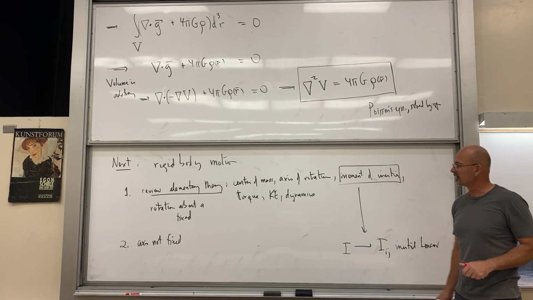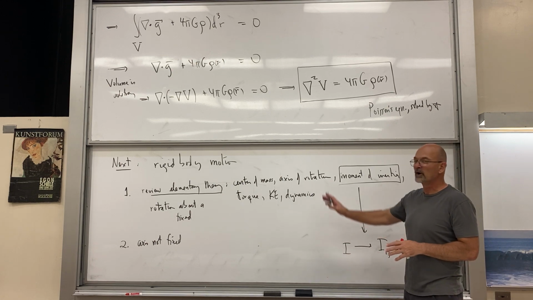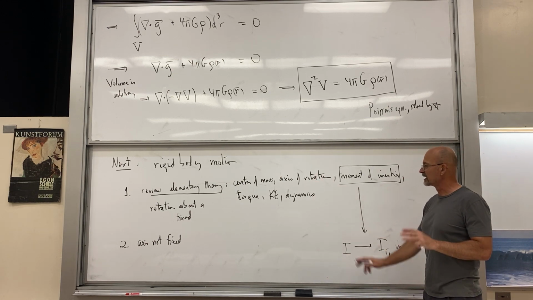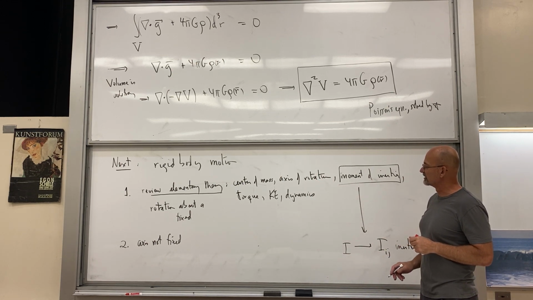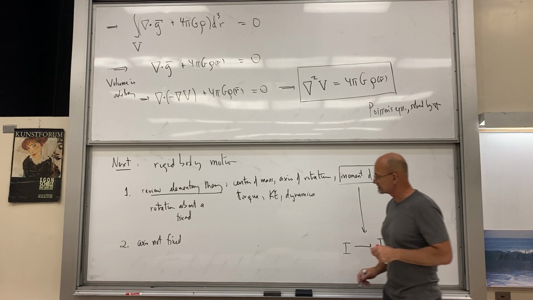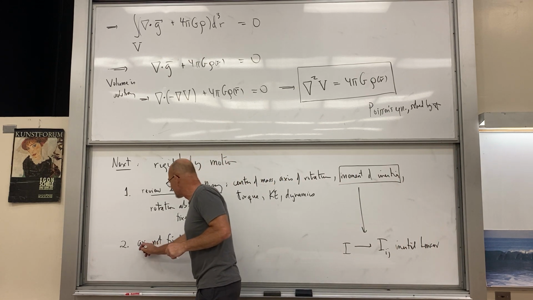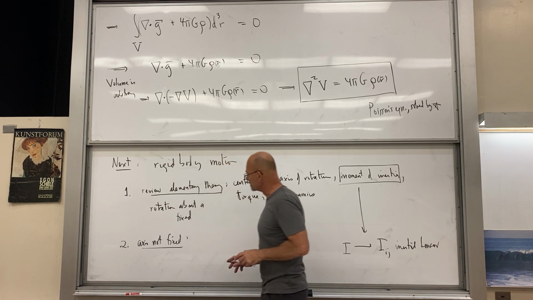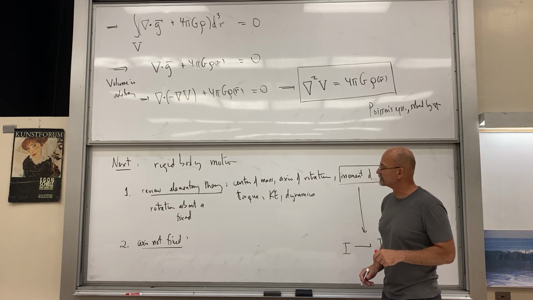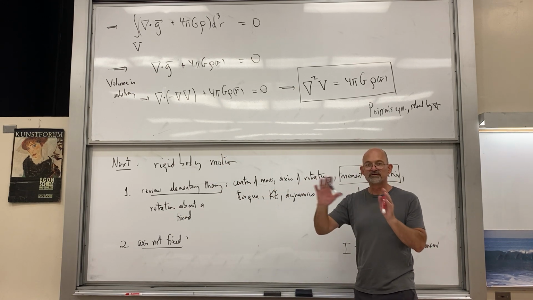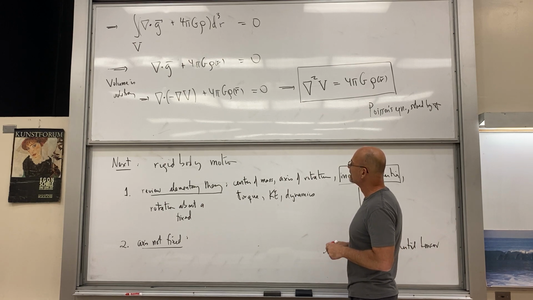And you'll see why, and you'll see it's very related to our quadrupole tensor. So it's going to be good. Things are going to build on each other. So when the axis is not fixed, then we have the actual technical theory of rigid body motion, precession of tops and things like that.